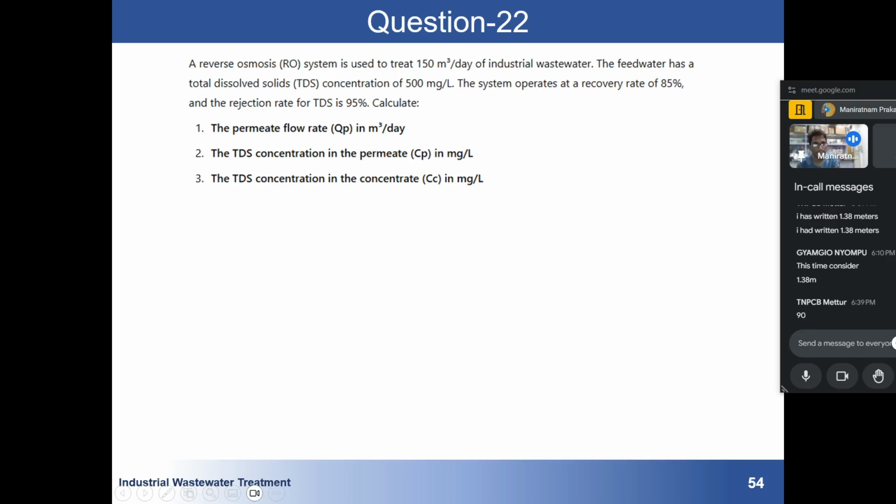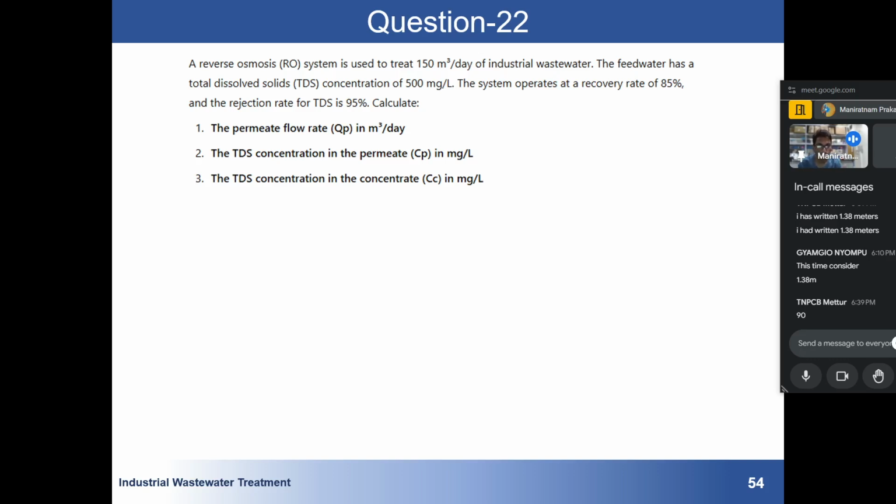You have to find the permeate, then the TDS concentration, and then the concentration in the concentrate, that is Cc. This is just testing what you have done previously, whether you were able to listen carefully or not. There are two simple formulas, and these questions are also in your lecture notes.